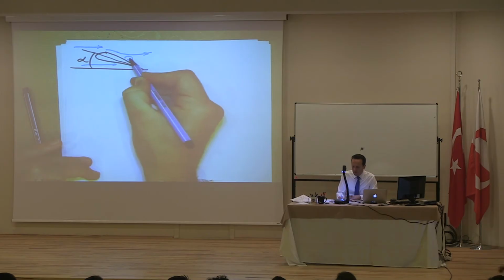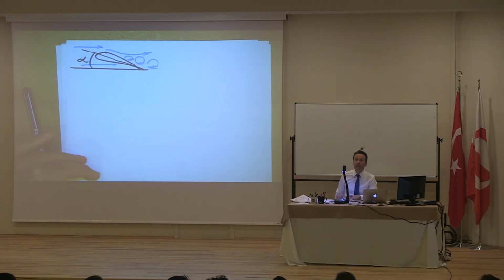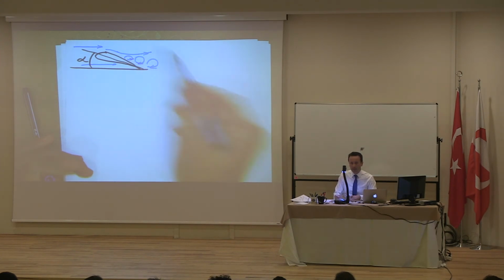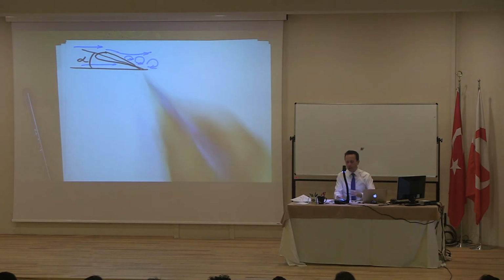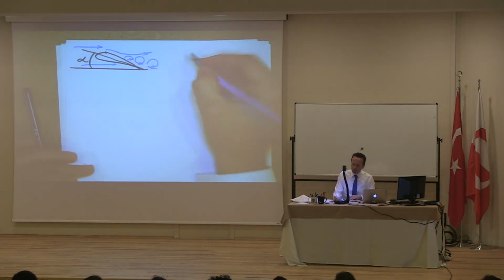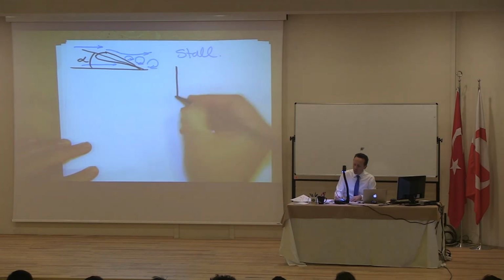And you will get these wakes and turbulence and stuff like that. Okay? And suddenly you have a lot of pressure on the top as well. If the flow starts separating from the airfoil, we call it the stall region. And the lift will start dropping and drag will start increasing a lot.